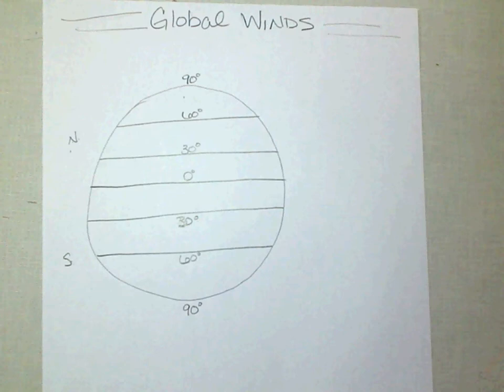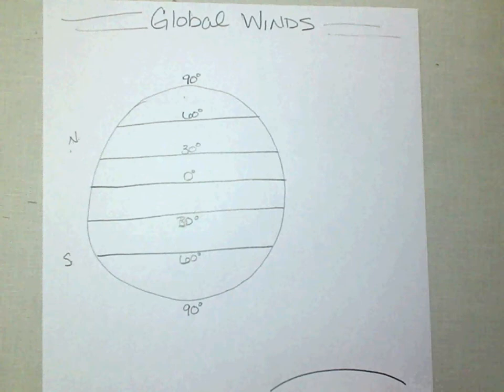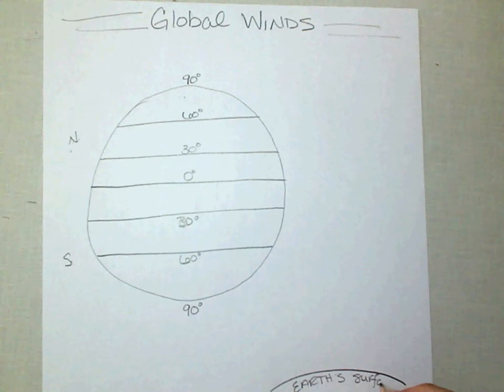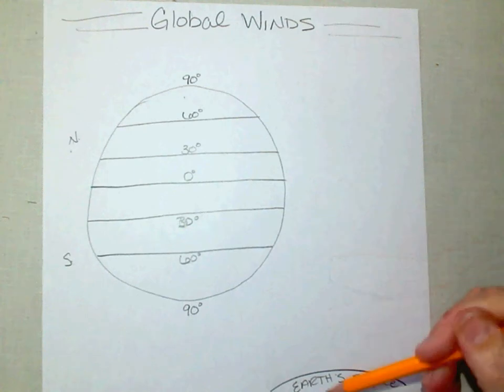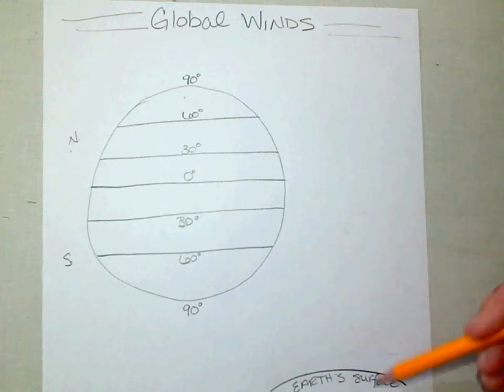So let's say this is my Earth's surface. And you know that when those direct rays come in, they start to warm up the Earth's surface.